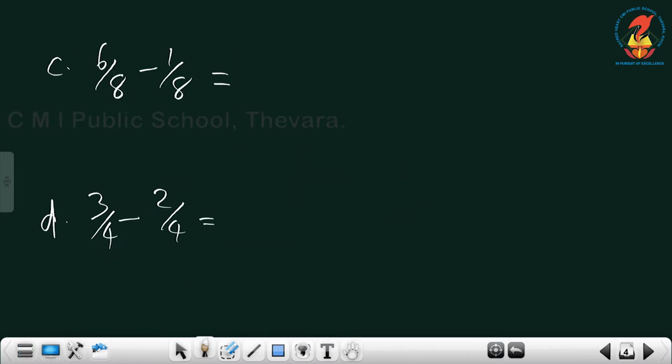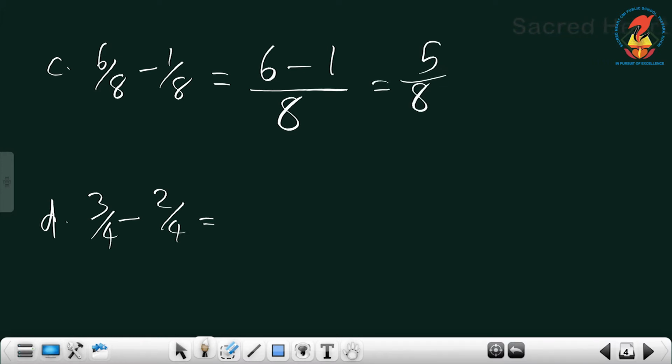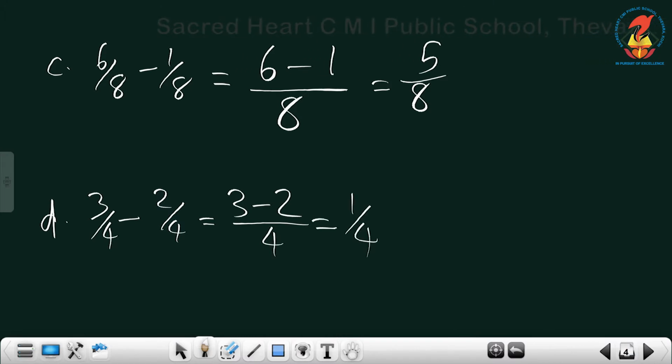And the next one is 6 by 8 minus 1 by 8. How can we do this, children? We need to subtract 6 minus 1, that is the numerator, and denominator is 8 itself, and this one is 5 by 8. And the next one is 3 by 4 minus 2 by 4. 3 minus 2, and denominator is 4 itself.